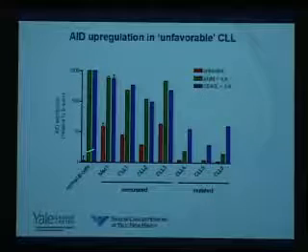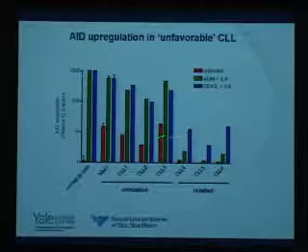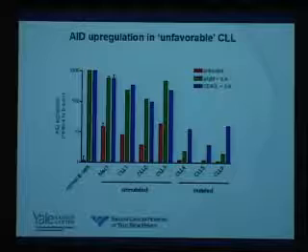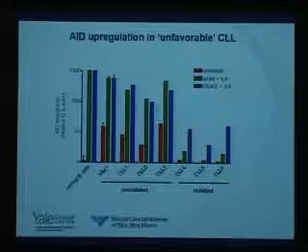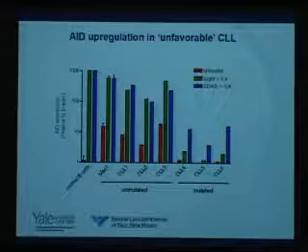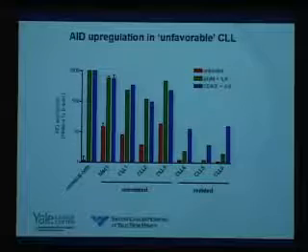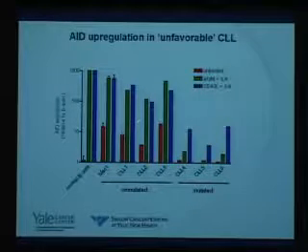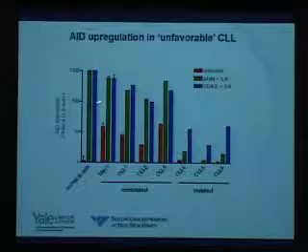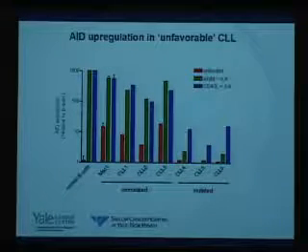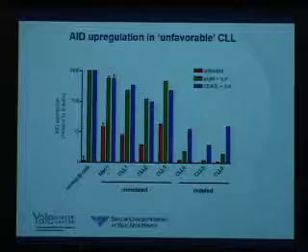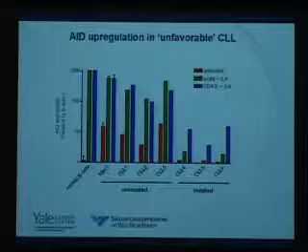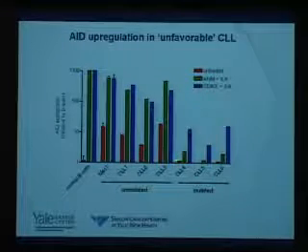First I confirmed that in untreated cells, yes, there is low expression of AID, but if you take these cells and stimulate them either with anti-IgM and IL-4 or through CD40, you get very high expression of AID. Yet in patients with mutated IgVH, the levels of AID go up only minimally.